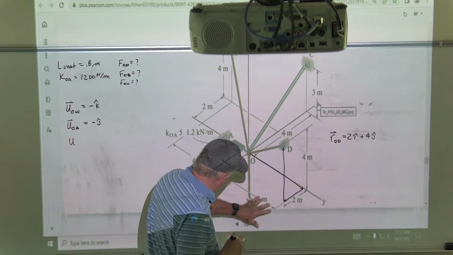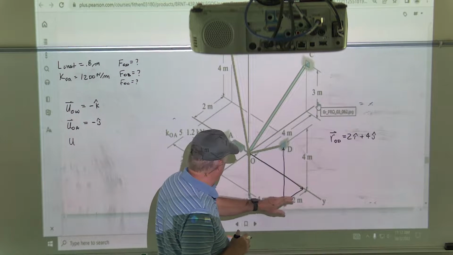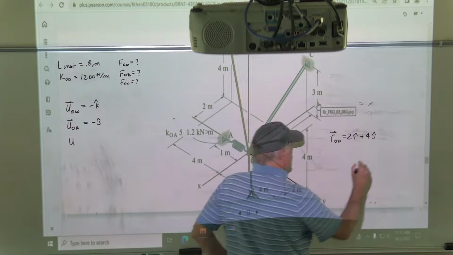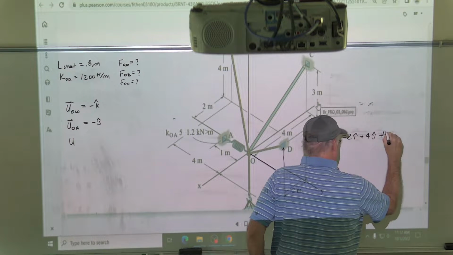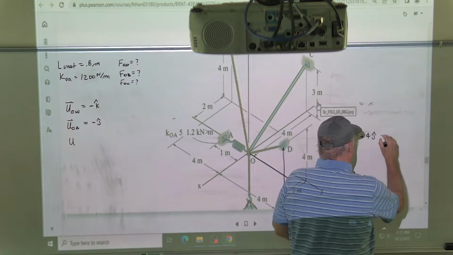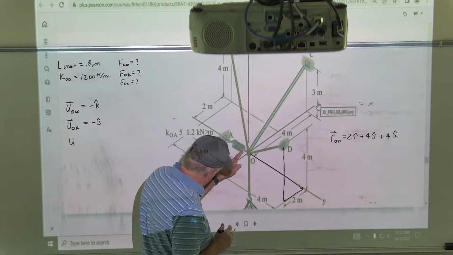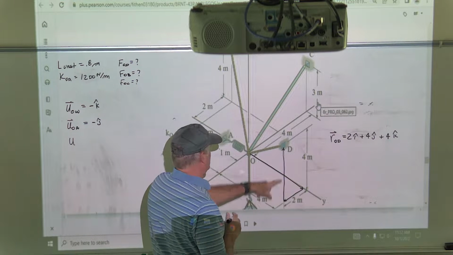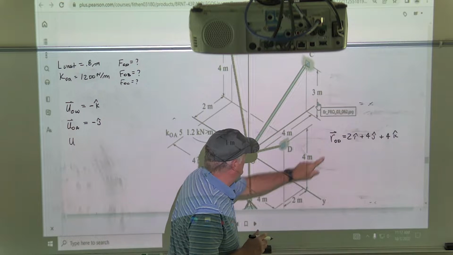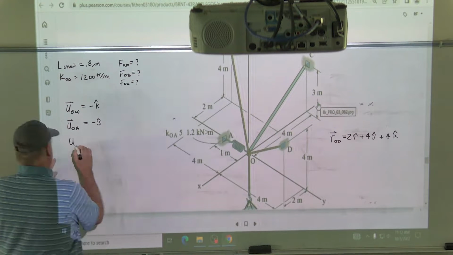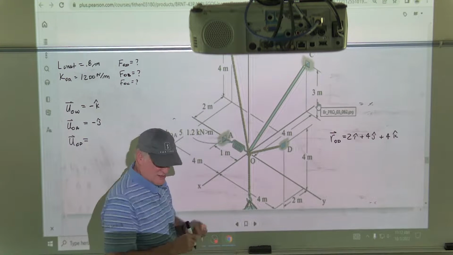If I scroll down, this and this disappear. And that was the reason I needed to do this first. And then I need to go up. Okay. So you're going to go 4 out, 2 back across, and then 4 up. So now, I'm going to use that in a second to find this one. But I'll do that after I find the other 2 vectors.